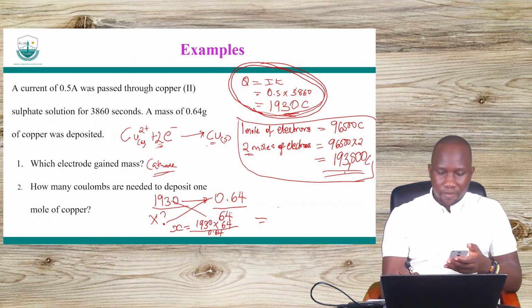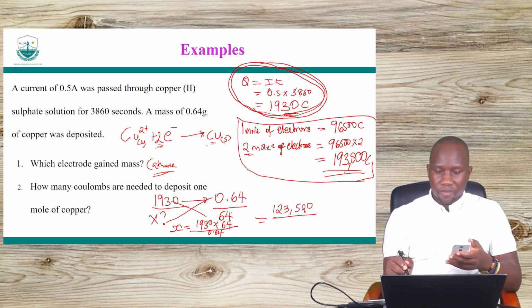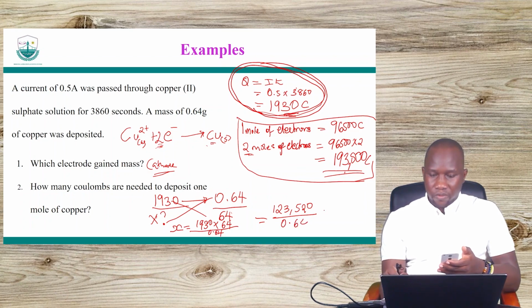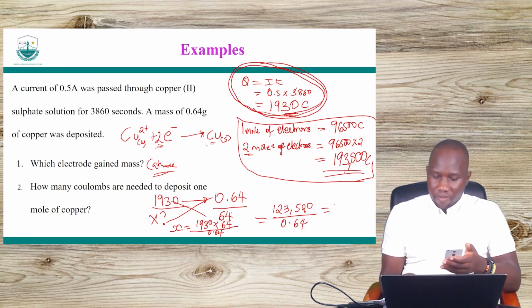So you get 123,520 divided by 0.64, and divided by 0.64. So you actually get the same answer.